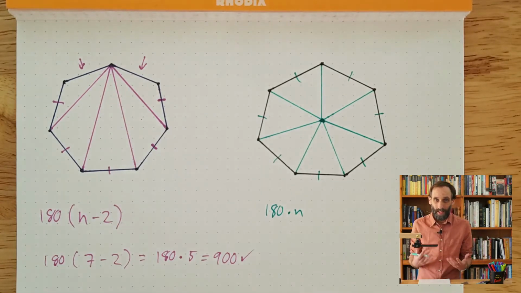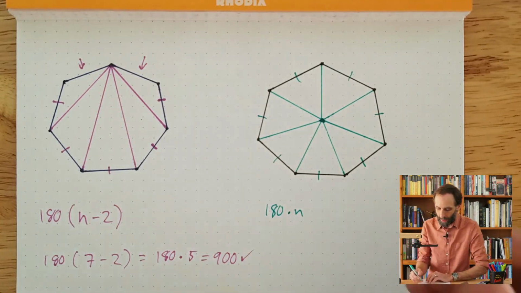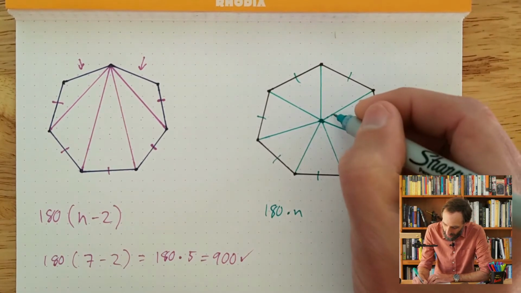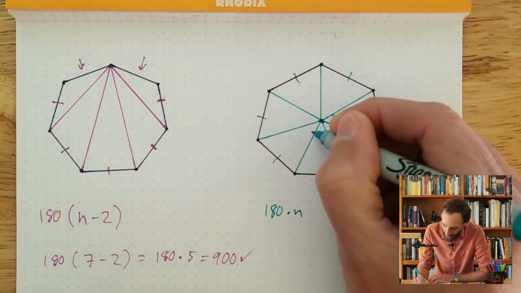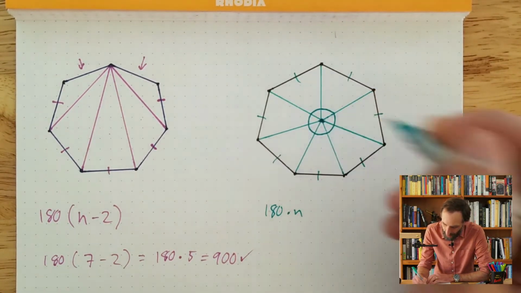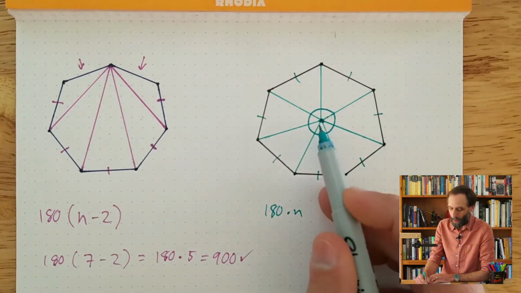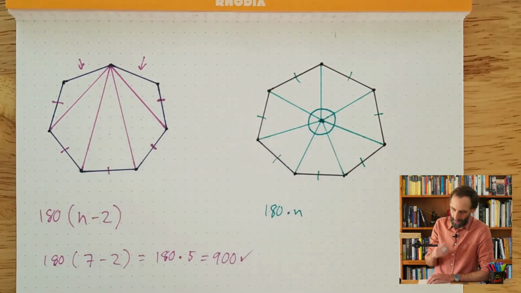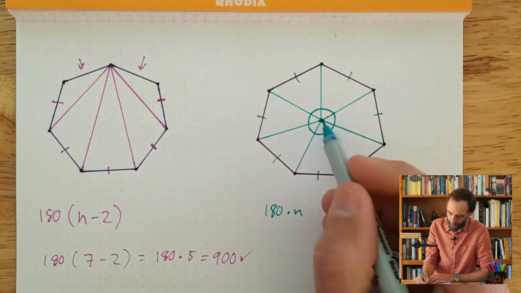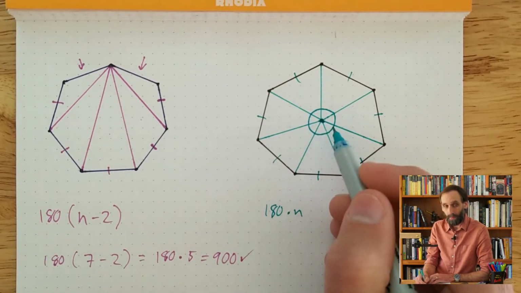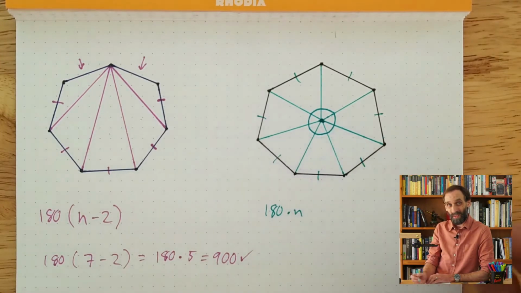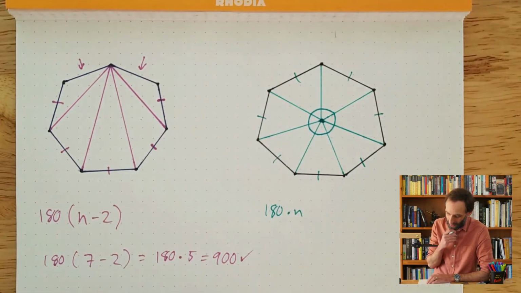However, that is actually too much, because see all these angles here that meet at this point right here? Well, let's think about it. All those angles combine to be one complete circle, right? Which is 360 degrees. Interesting.